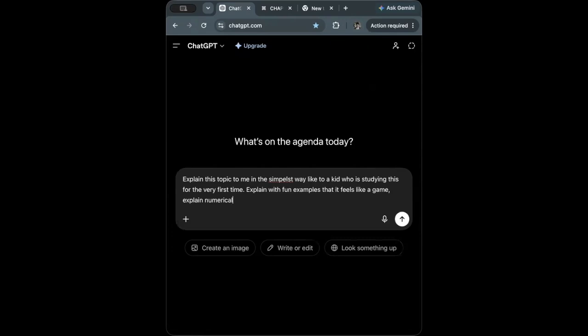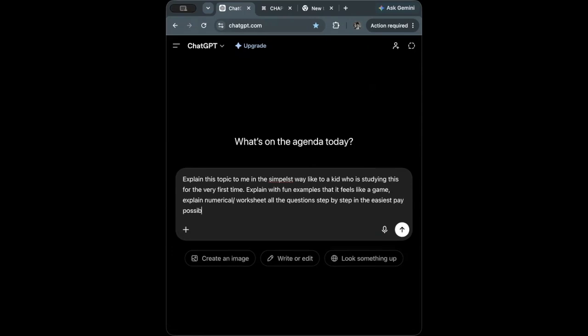So explain this numerical slash worksheet, all the questions step by step in the easiest way possible, in simplest and clearest words. That's it. If you write exactly this prompt, then it's most likely to give you a better answer, and you're not going to have any trouble with that.